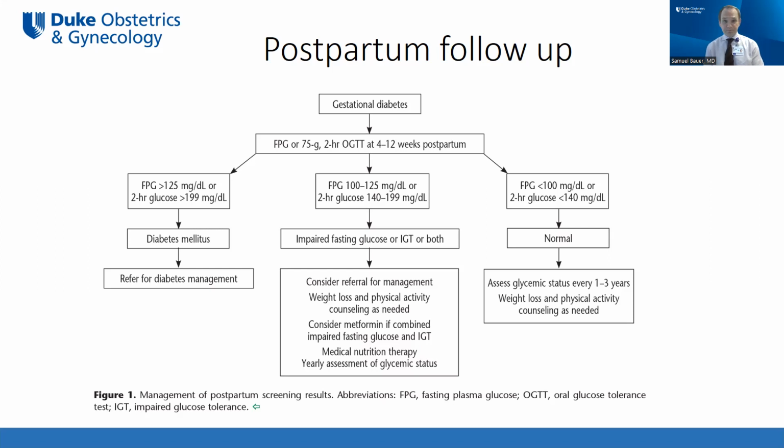Or I'm in that challenge of developing diabetes, pre-diabetes, and so I'm in a place where I can make healthy choices, get more physical activity, maybe be referred for medical management, and be on the lookout. And then certainly there are patients that are going to be normal, and those patients still need to be followed closely every 1 to 3 years, looking at their glucose to diagnose either pre-diabetes or diabetes.